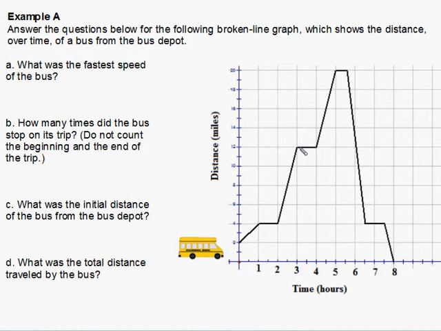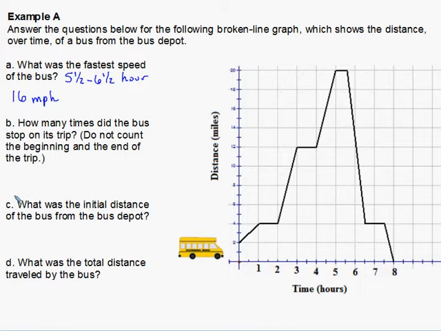So this slope is steeper than this slope. So the fastest speed of the bus is between 5.5 and 6.5 hours. And during that time, we went 16 miles. Still slow, but it was the fastest that bus went.